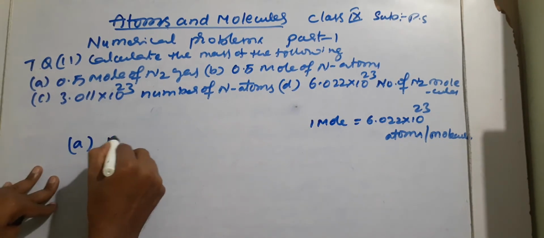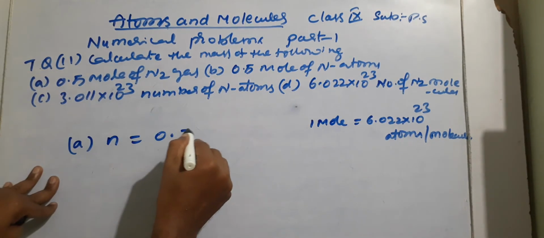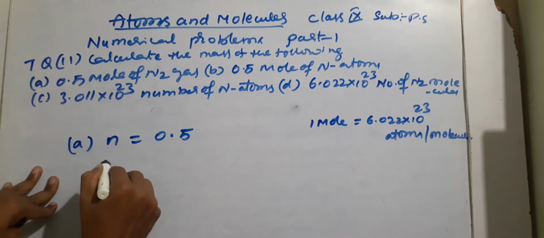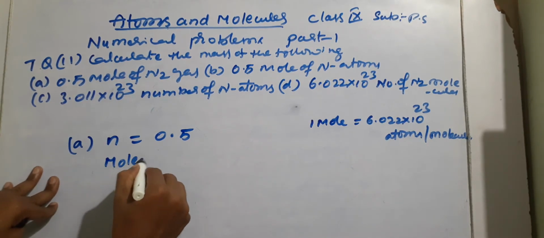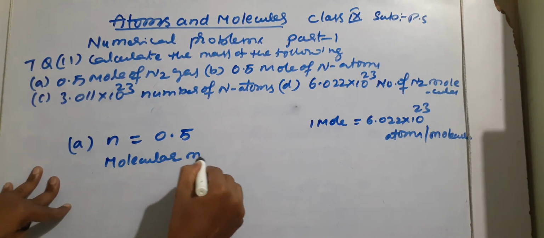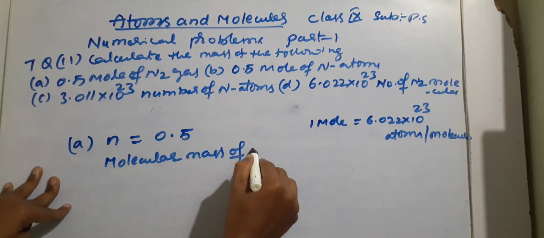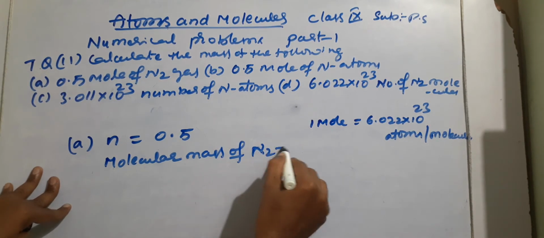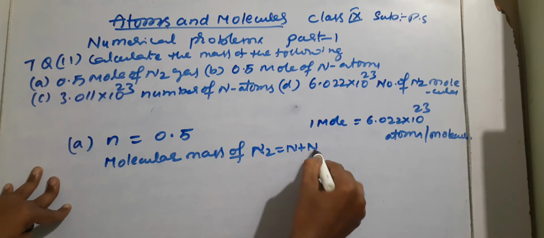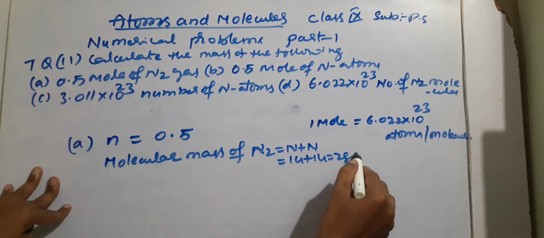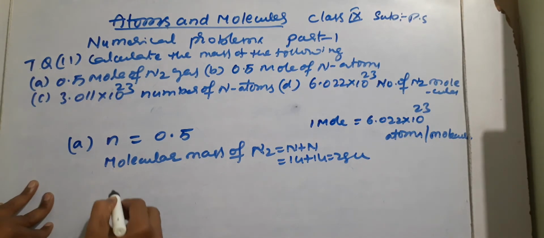So number of moles n is given, students, 0.5, and we know that the molecular mass of N2, that is N plus N, which is 14 plus 14, that is 28 U, 28 unified mass.